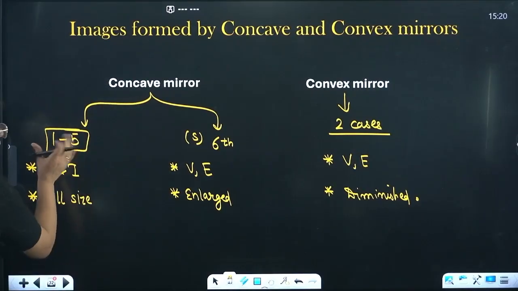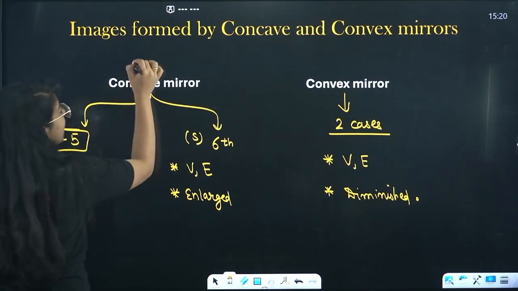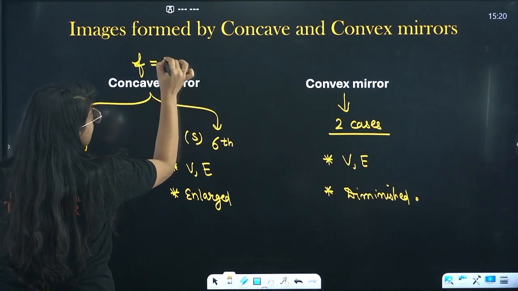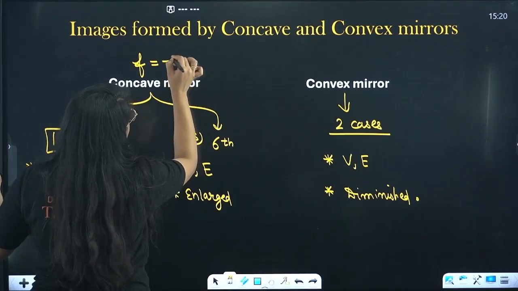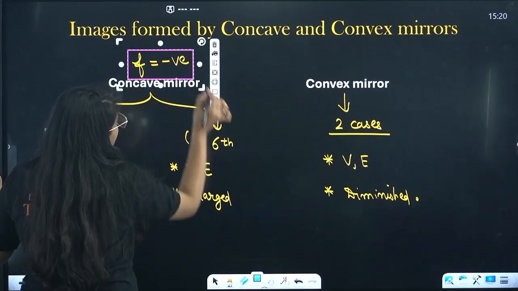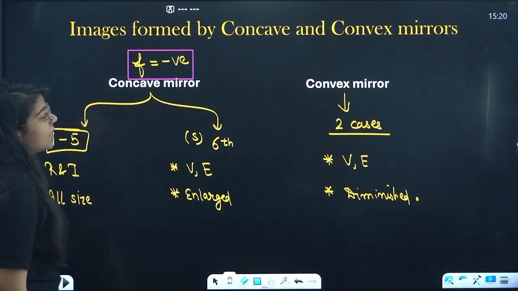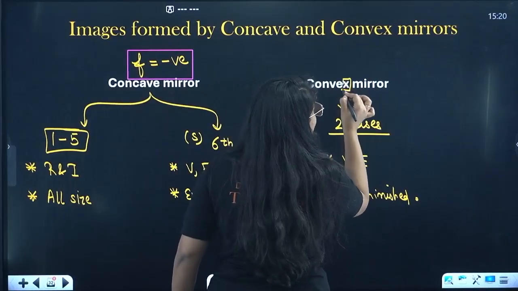See, in the first 5 cases, this is real and inverted, and for concave mirror, we know the focal length is positive. Oh, my bad, focal length is negative. In the case of concave mirror, the focal length is negative. How do you remember this? Beta, you have seen this convex mirror, right? We have a x.